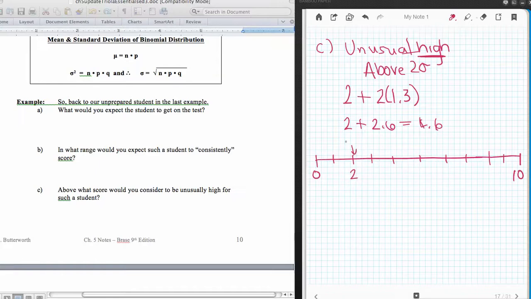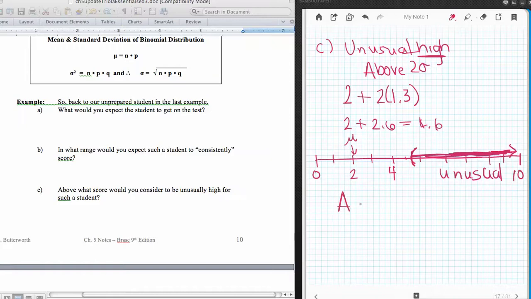So this is your mean. And then here's your 4. And then here's 4.5, so 4.6 being somewhere like right in here. If you get anywhere in this range here, this would be considered unusual because it's outside the 2 standard deviations.